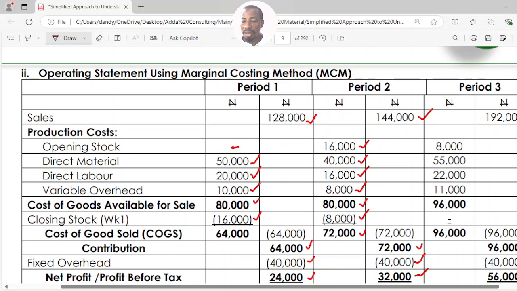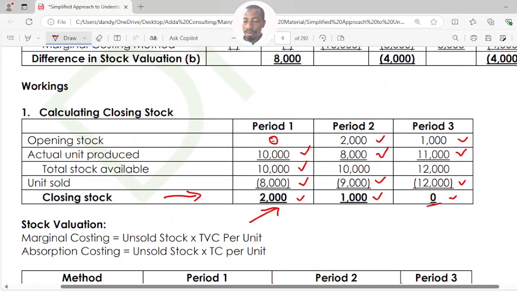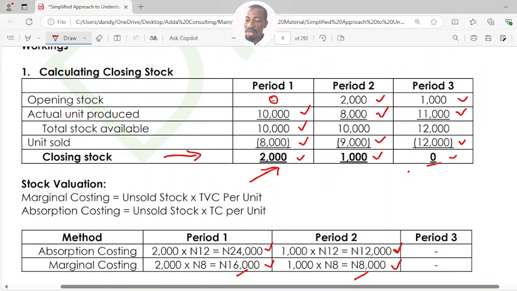I will then move to period 3. Again, I've already determined the sales value for period 3. For my production cost, the closing stock in the second period of 8,000 will become opening stock in the third period. So the direct material cost, the direct labor cost, and the variable production overhead that we have calculated is the same. Add the numbers together, that's 96,000. In the third period, there was no closing stock, so closing stock is equal to 0.